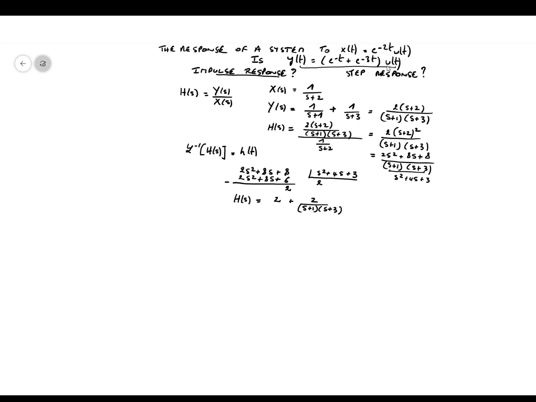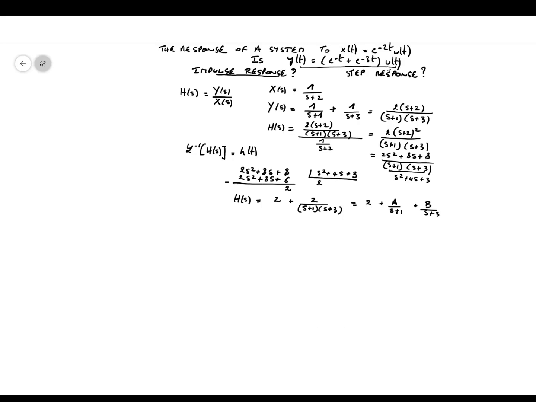So it will be 2, okay, plus a over s plus 1 plus b over s plus 3. So let's hide this one over here and replace s by minus 1, and we have a 1 over here.